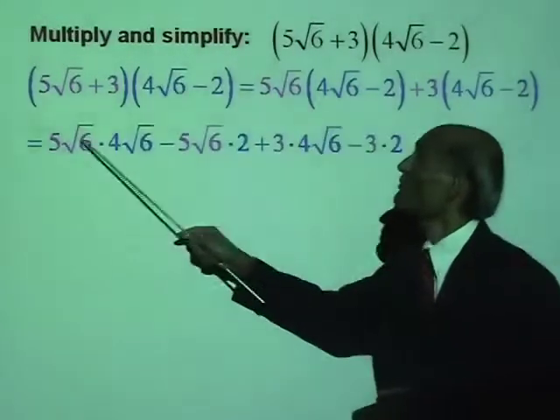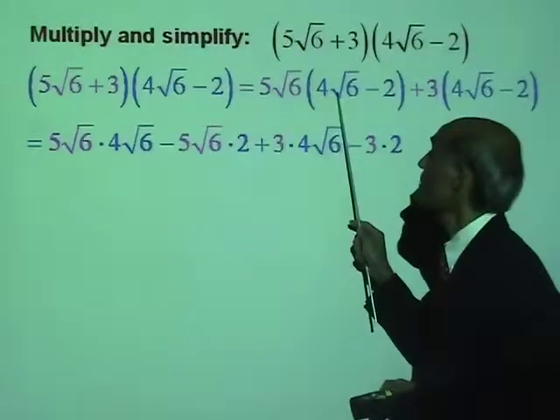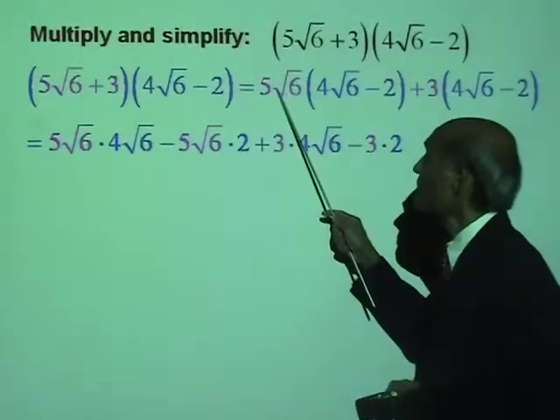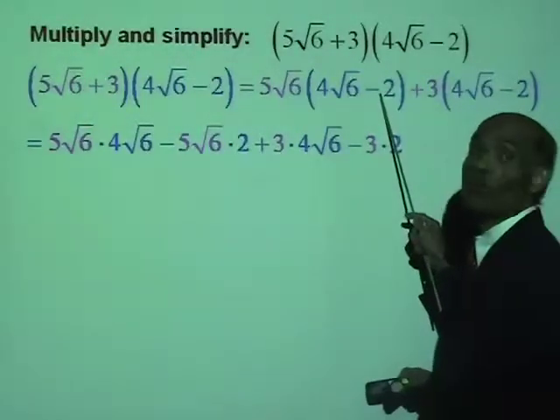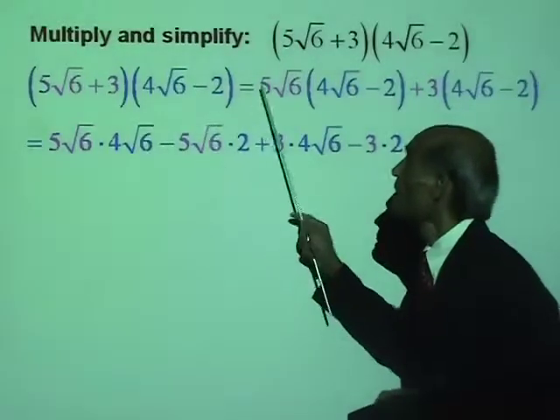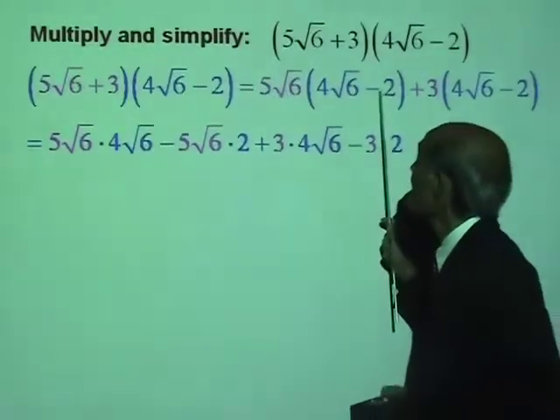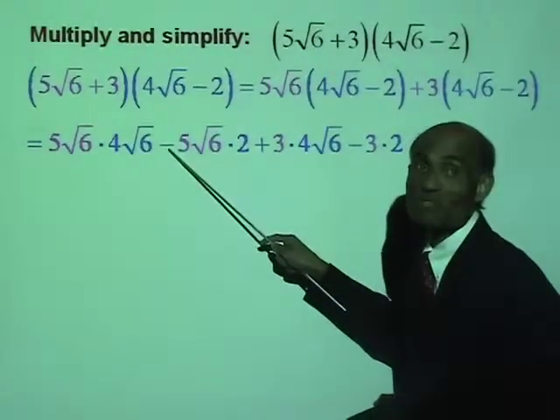Let's write that. 5 square root 6 times 4 square root 6. And now multiply 5 square root 6 times negative 2. That negative will give you a negative term, and that is 5 square root 6 times 2 with a negative sign. I wrote the negative first.